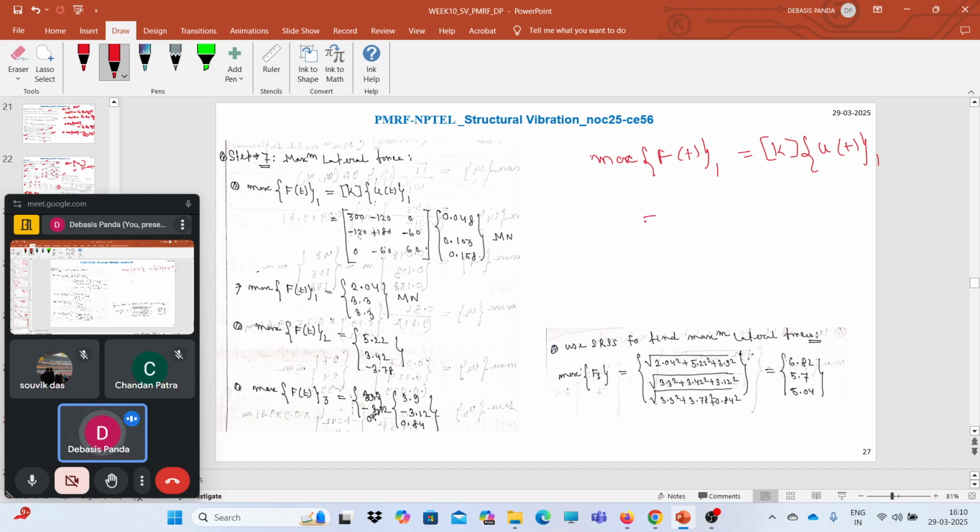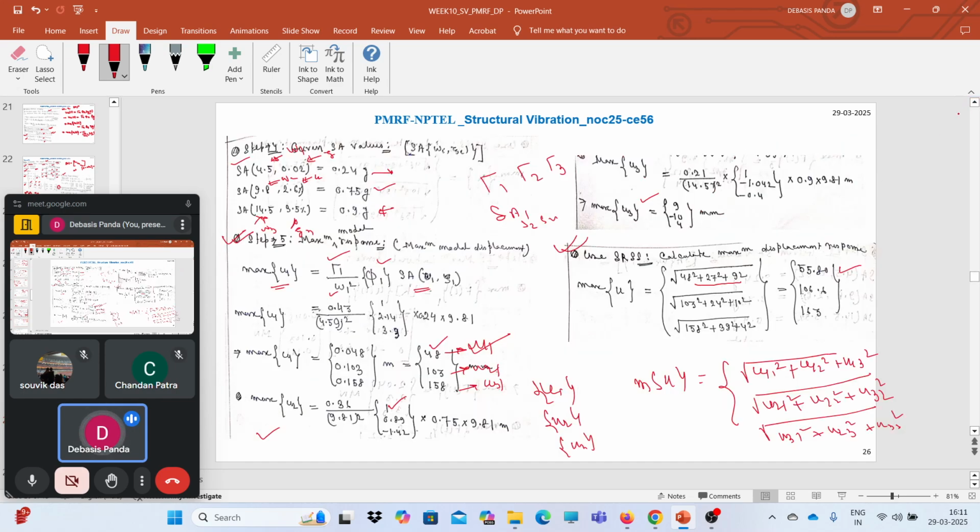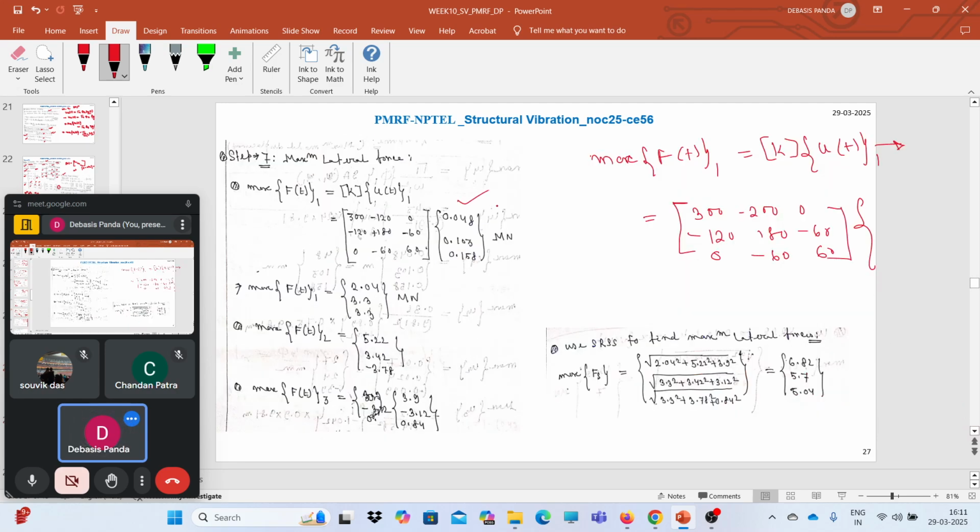We have the K matrix ready: 300, minus 200, 0; minus 120, 180, minus 60; 0, minus 60, 60. And we also have U1T, the modal response due to the first mode, the maximum of U1T. So you can easily calculate the maximum of F1T, just do the matrix operation.